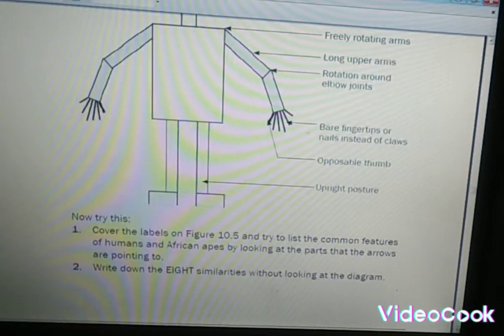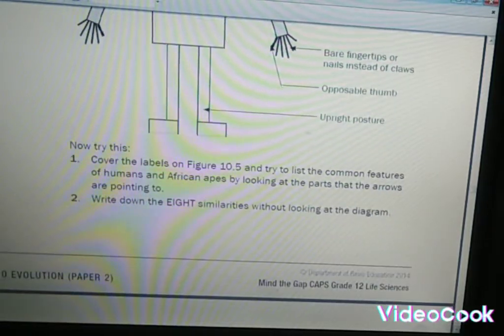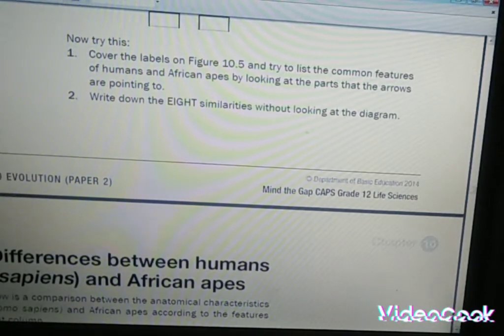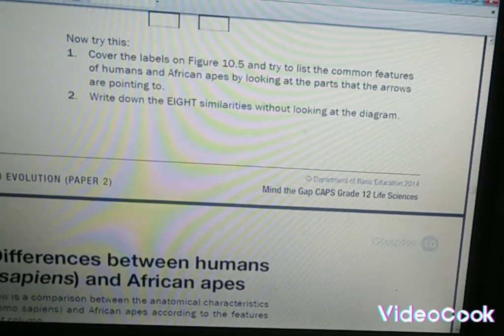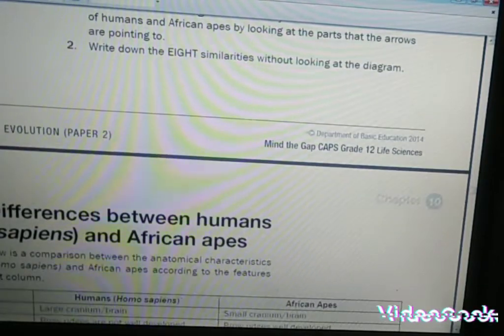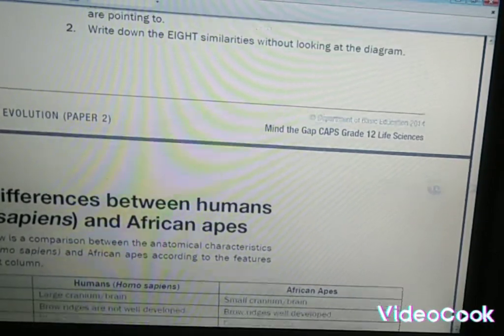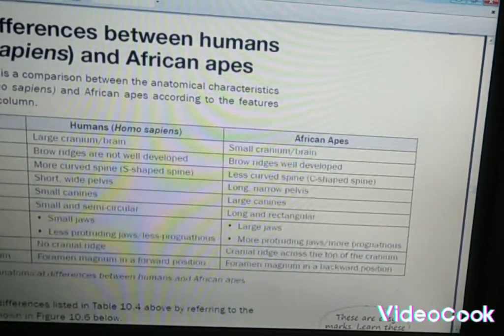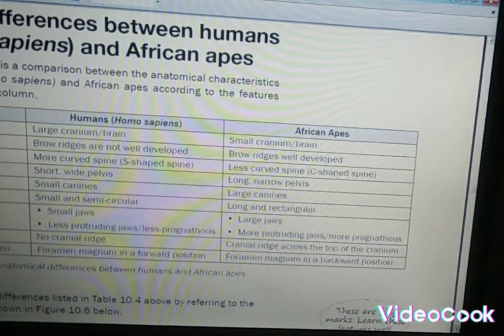We have bare fingertips or nails instead of claws, and we've got opposable thumbs. And then we have an upright posture. Those are the similarities, right? So make sure you master these similarities between us humans and the African apes.